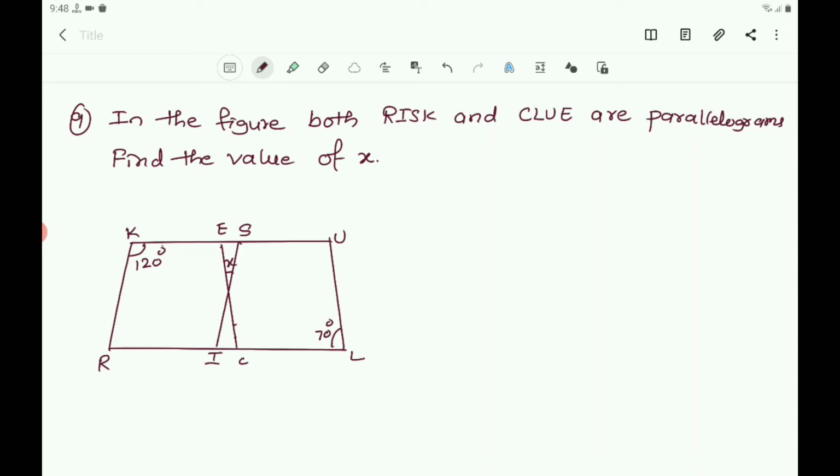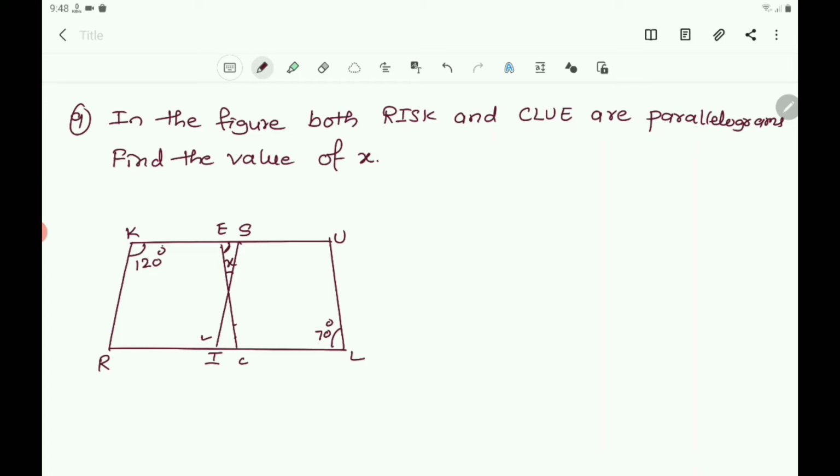In the parallelogram RISK, angle K is given, that is 120 degree, and in the parallelogram CLUE, angle L is given, that is 70 degree. By using those angles, let us find angle RIS, that is also 120 degree, and angle CEU, that angle is 70 degree.